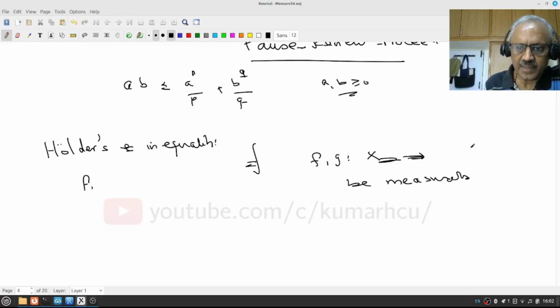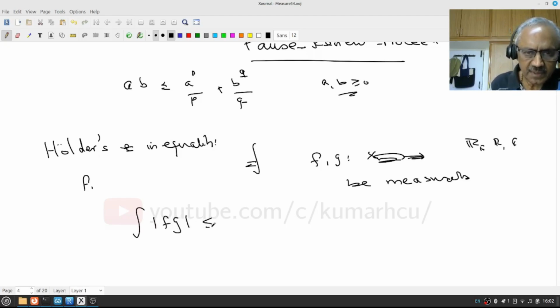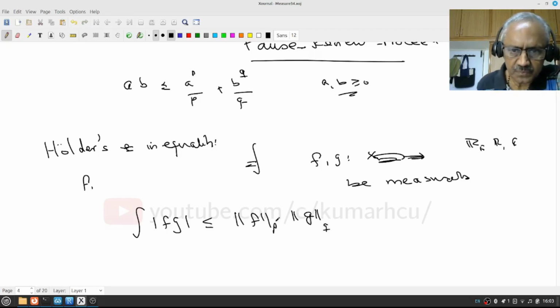I don't want to specify because it may be extended reals or reals or complex, so it's just measurable functions. Then the integral of mod fg is less than or equal to the LP norm of f into the LQ norm of g.